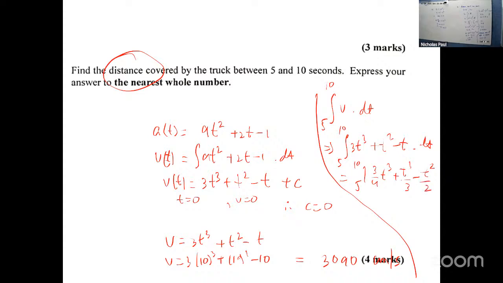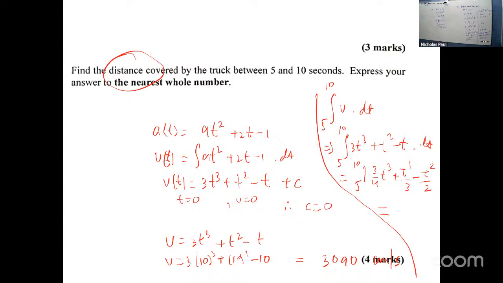Plug in 10, plug in 5. Right, plug in t is 10 and t is 5.